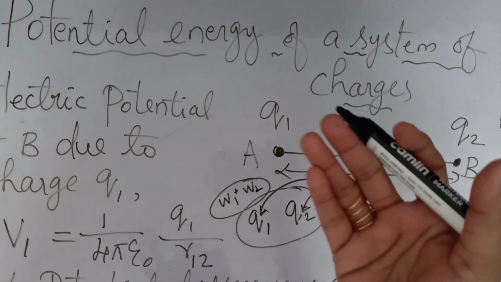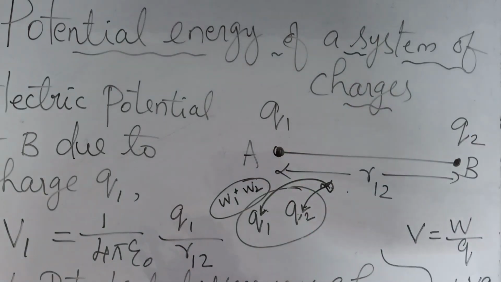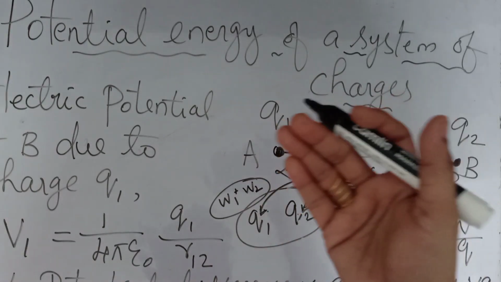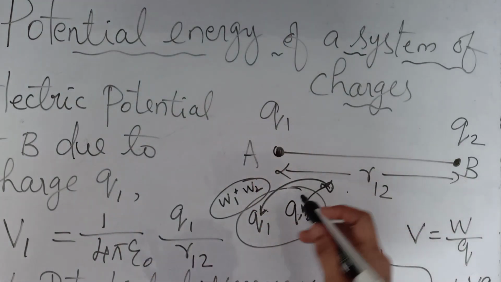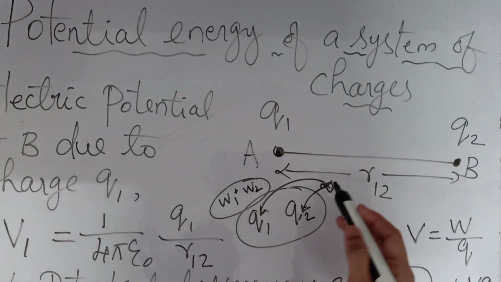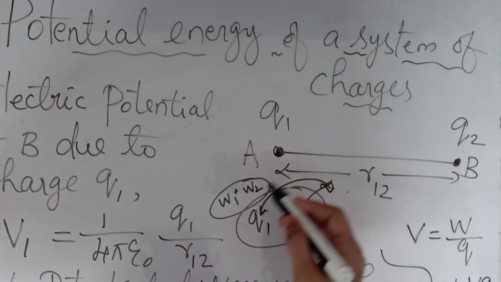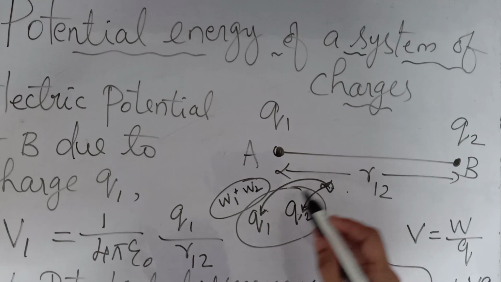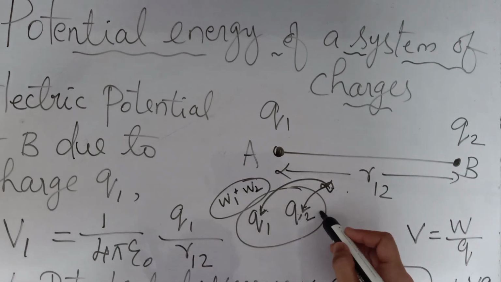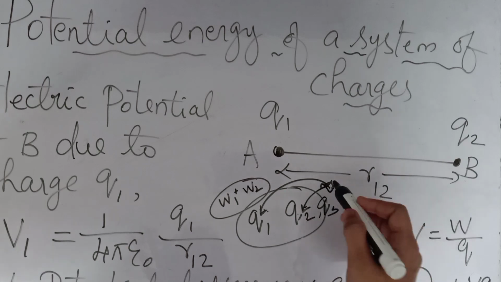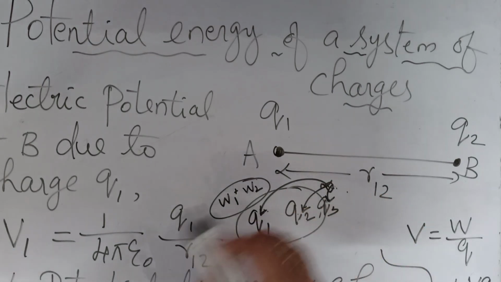We can consider one charge, two charge, three charge system like that. So we will discuss how to find the potential energy of a system of charges. So that idea should be there, because those charges we have to bring from infinity to their present position, and the corresponding work we will add together. Suppose there are three charges, we will bring each charge separately and add it together.